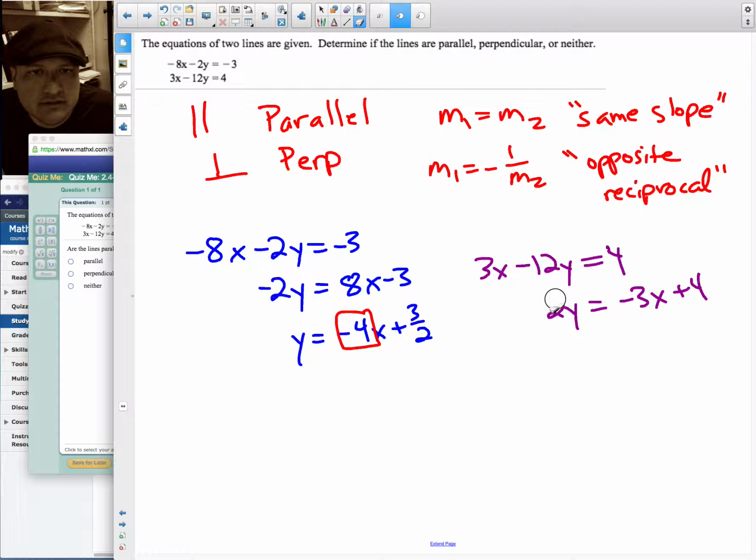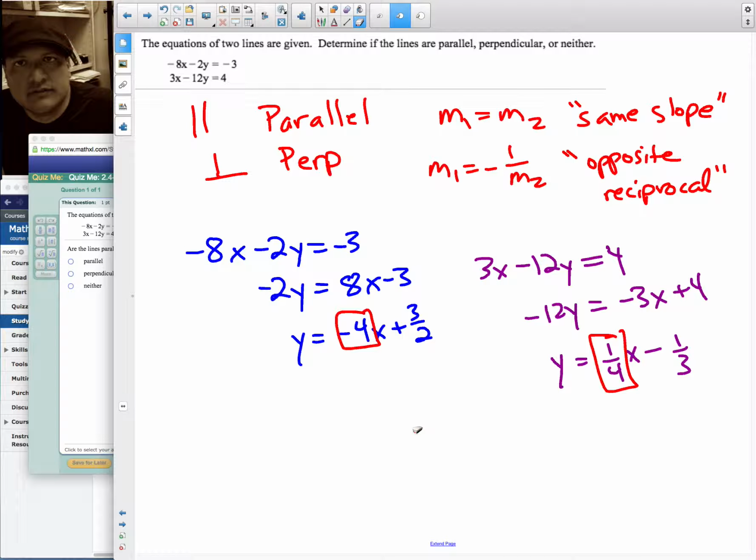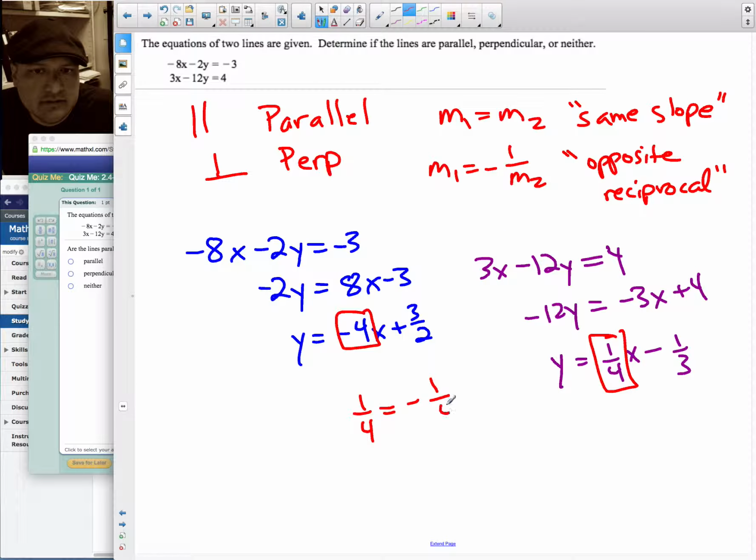Notice that negative 4 equals negative 1 over 1/4. You just flip it around, right? The 1/4 becomes a 4, and the negative. If you take 4 and put it on the bottom, you get 1/4, and then you make it negative.